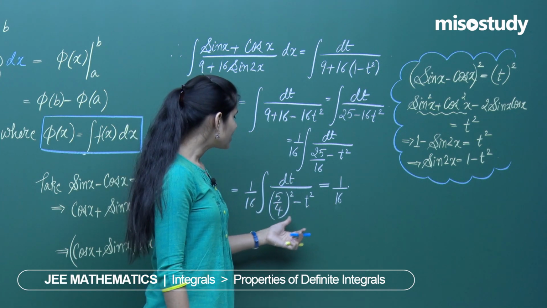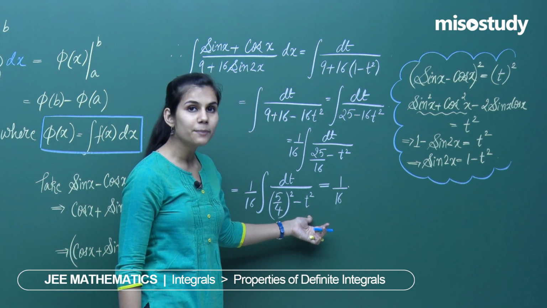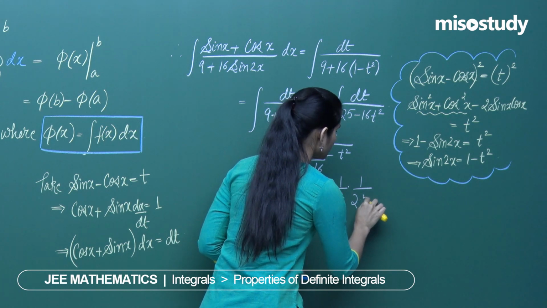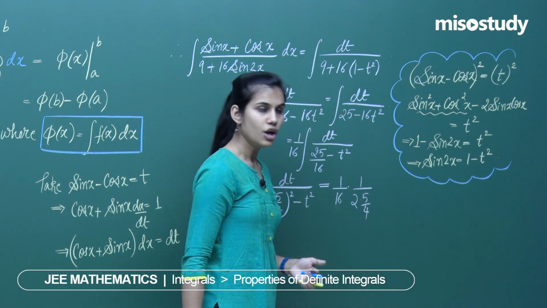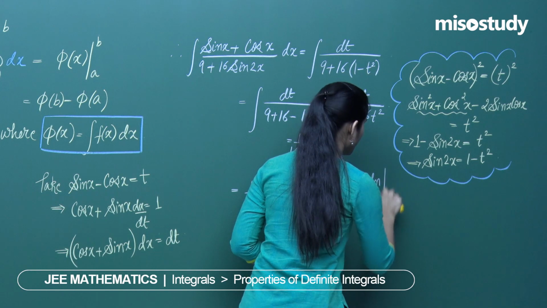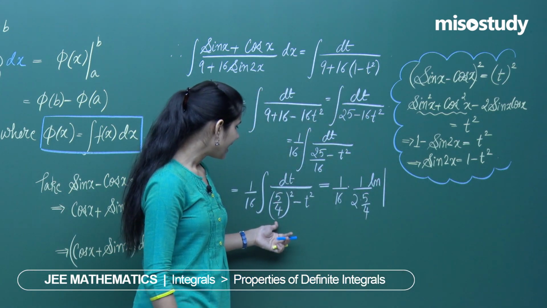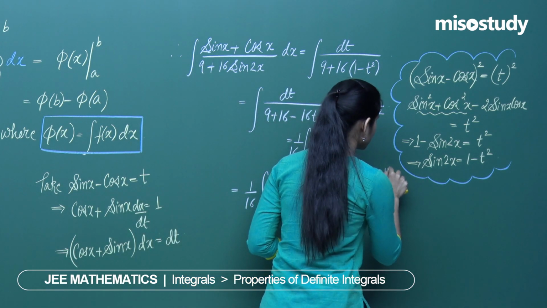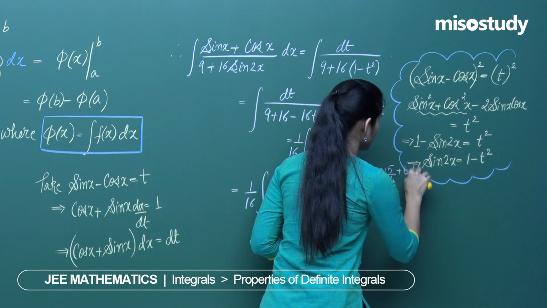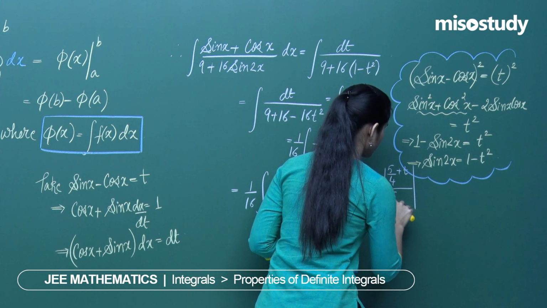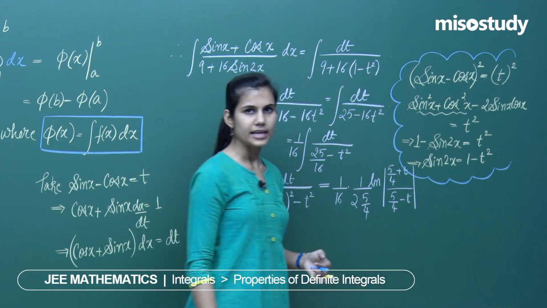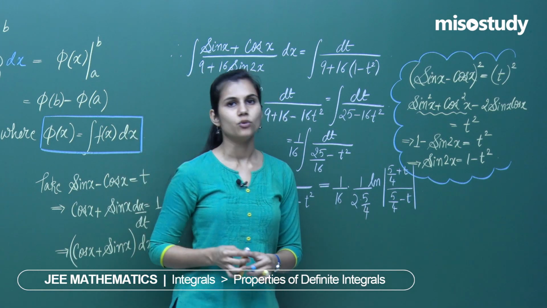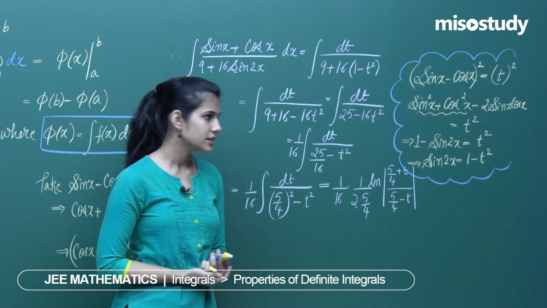So the integral of 1 upon a square minus x square is 1 upon 2a times log of the mod of (a plus x) upon (a minus x), so 5 by 4 plus t upon 5 by 4 minus t, right?